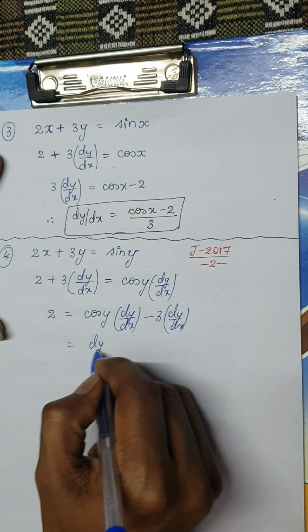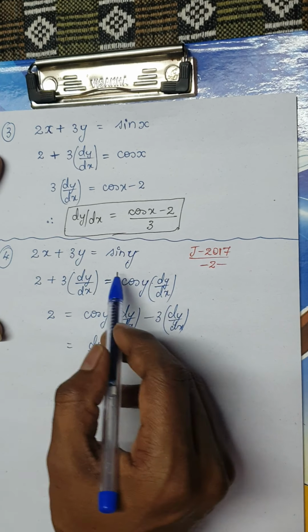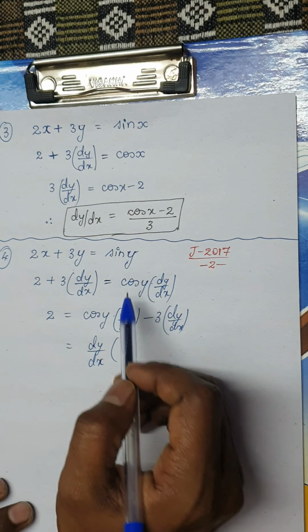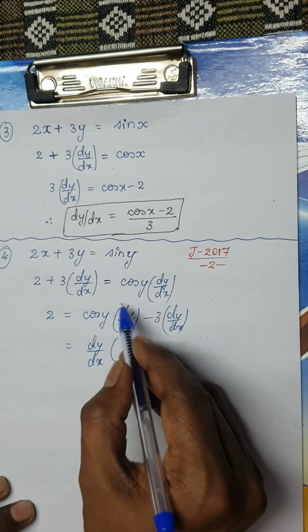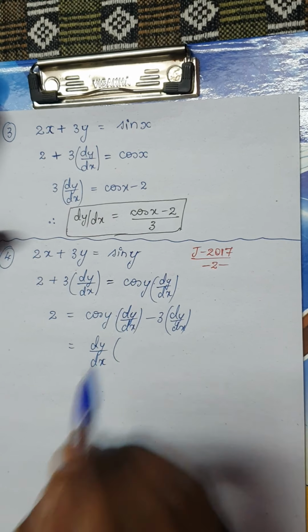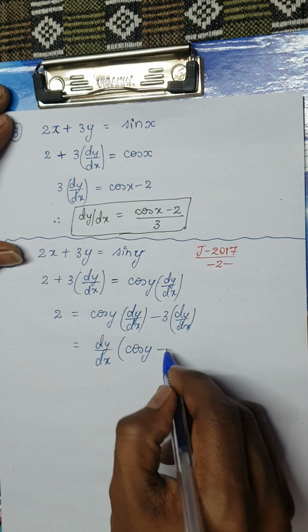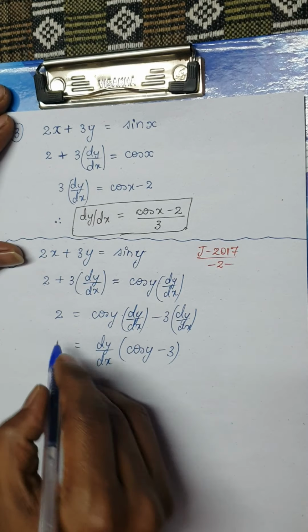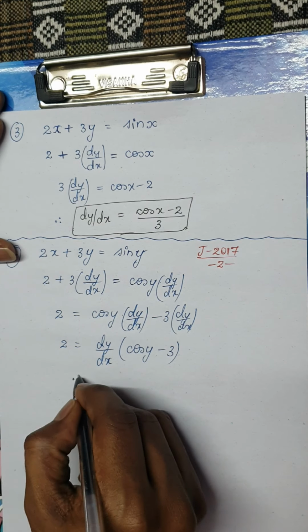Okay, so if you take common dy by dx, you should not leave it here, because in these cases he will not ask you to differentiate, rather he will ask you to find dy by dx. Therefore simplification is necessary here. If you take dy by dx common, you will get cos y minus 3. The left hand side is 2. So if you divide, I am going to get the answer.